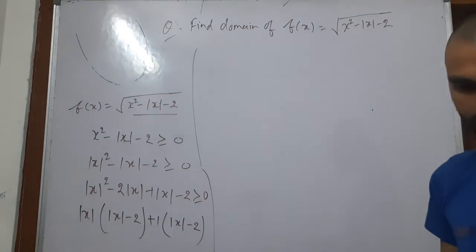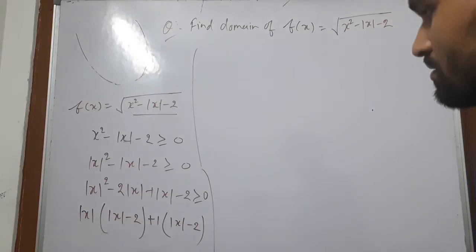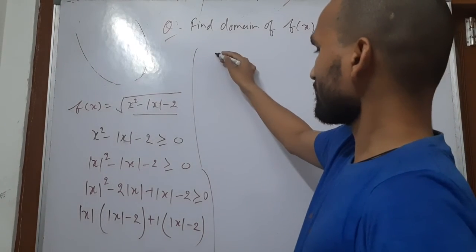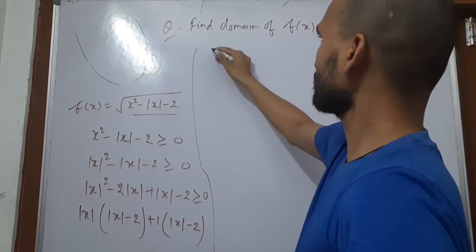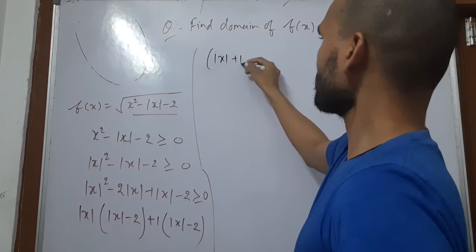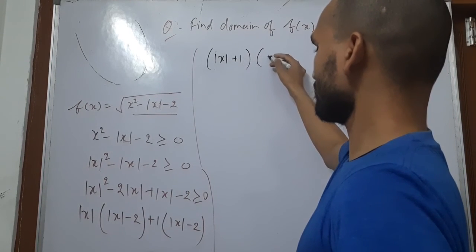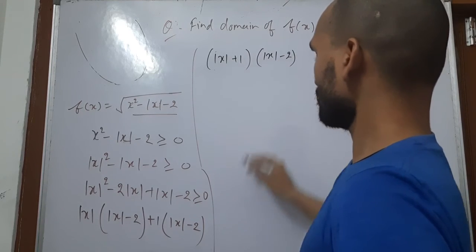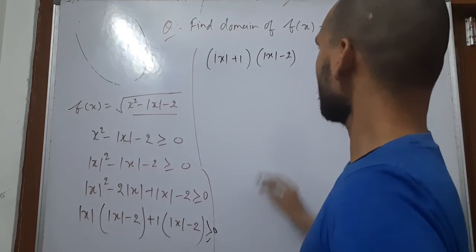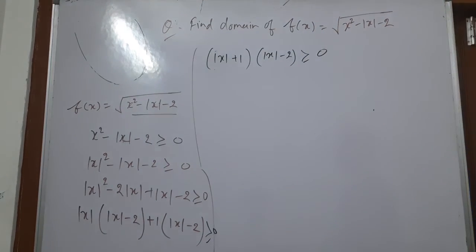Okay students, now our final factorization is mod x plus 1 and mod x minus 2, which is greater than or equal to 0.